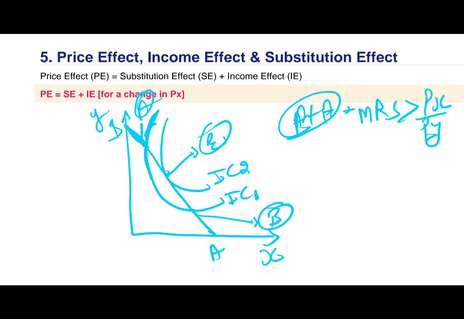Since the marginal rate of substitution is more, it means there is more and more give up of Y to consume an additional unit of X.